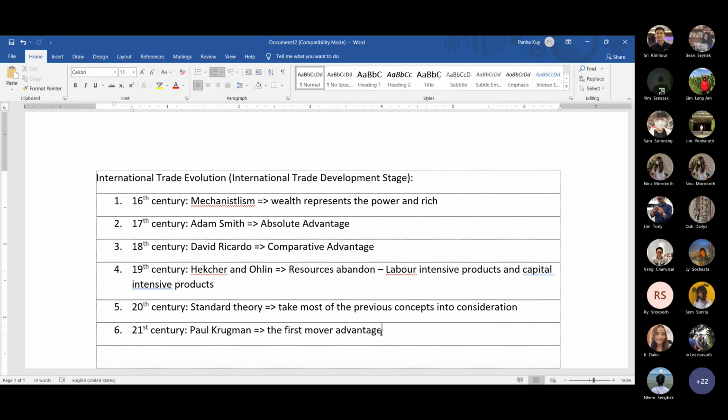The first one is the loyalty advantage. The second is capturing market segmentation. If you notice, some elderly people in Cambodia still have loyalty to Japanese products.